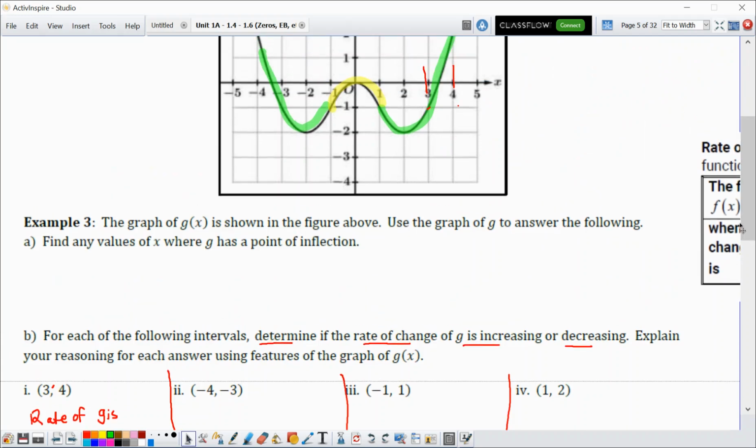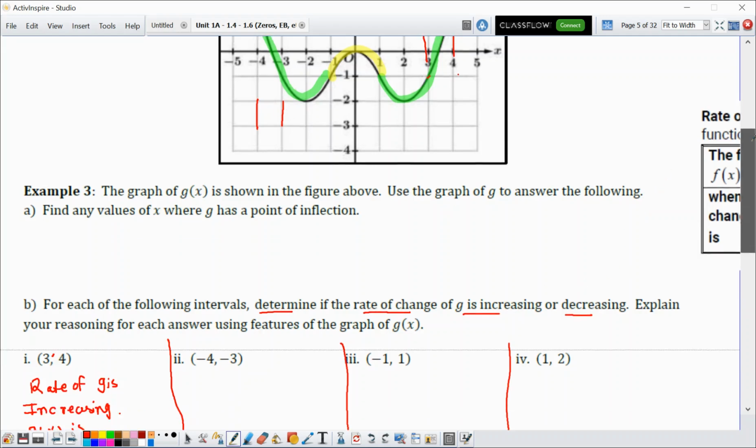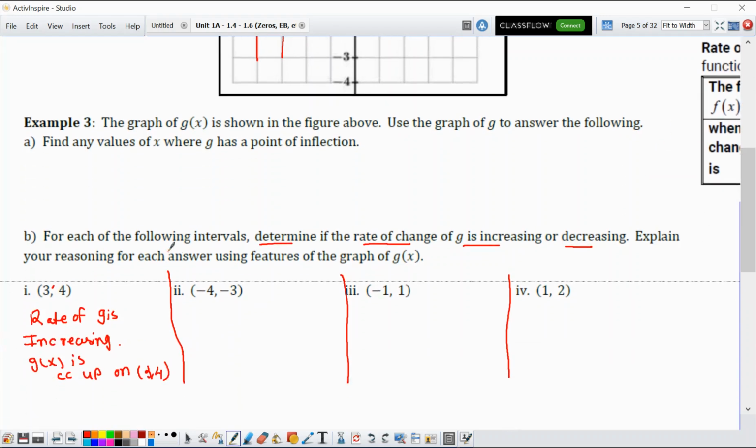Okay, so between negative 4 and negative 3, again concave up. So I would write rate of g is increasing, g of x is CC up. CC up is a very popular acronym; you can use that.